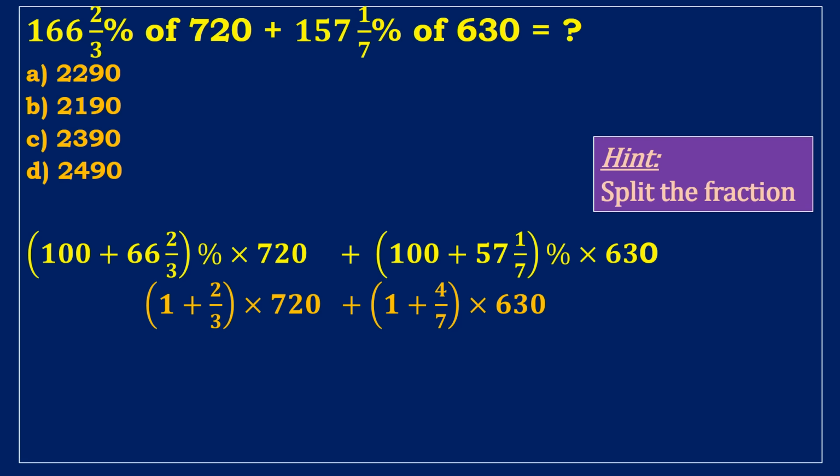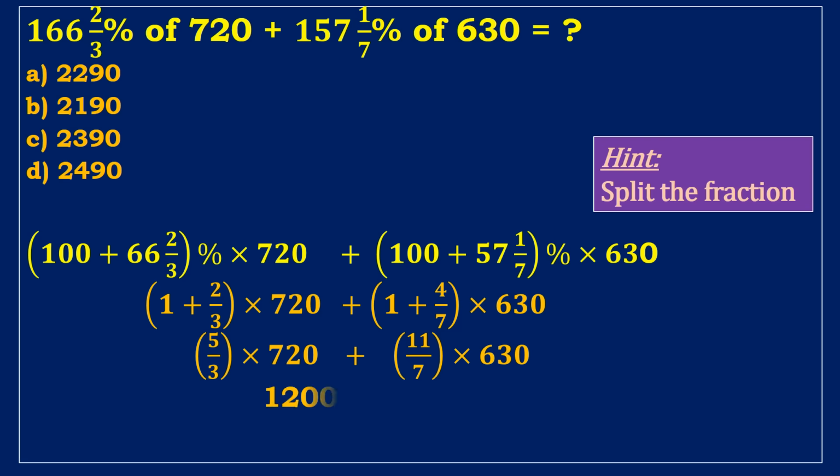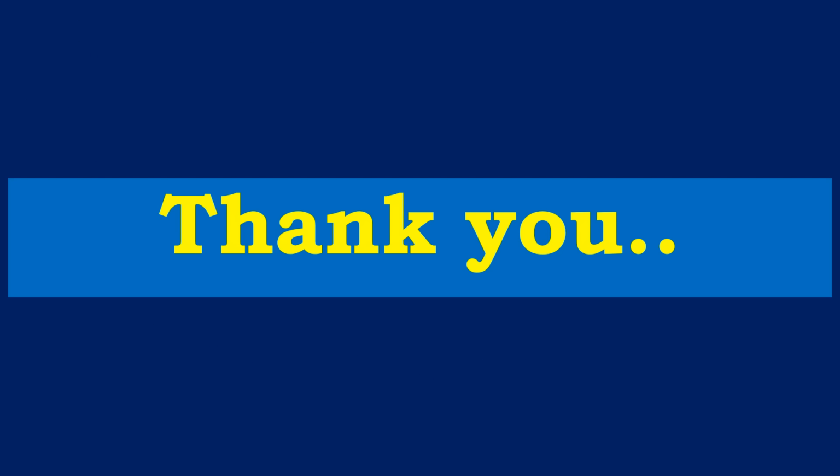We simplify 1 plus 2 by 3, we get 5 by 3, and 1 plus 4 by 7, we get 11 by 7. 5 by 3 into 720, plus 11 by 7 into 630 equals 1200 and 990 respectively. The sum of 1200 and 990 is the required result, which is 2190.